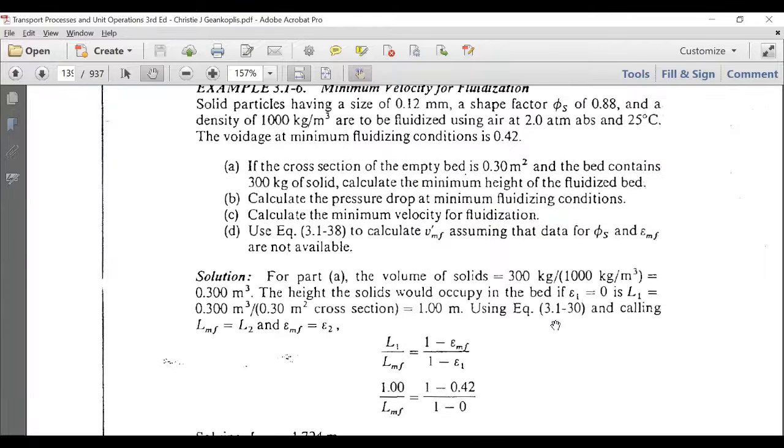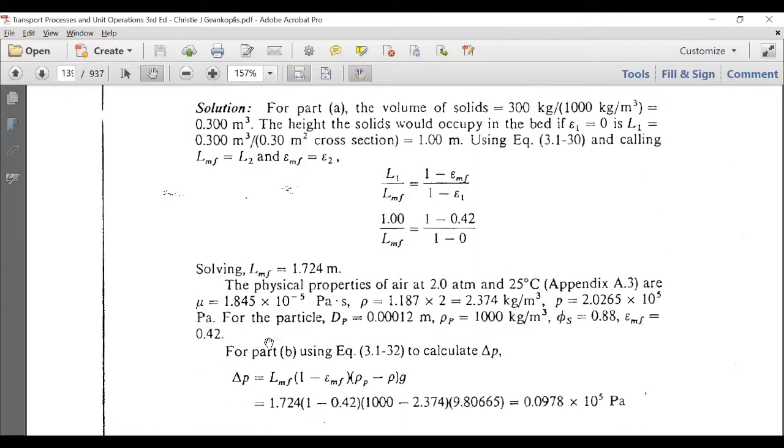Okay, so I will go to question B. Calculate the pressure drop at minimum fluidizing condition. So delta P at minimum fluidization. We want to make the solid particles move by using air at 2 atm at 25 degrees Celsius. By using appendix A3, I found the viscosity and density of the air.